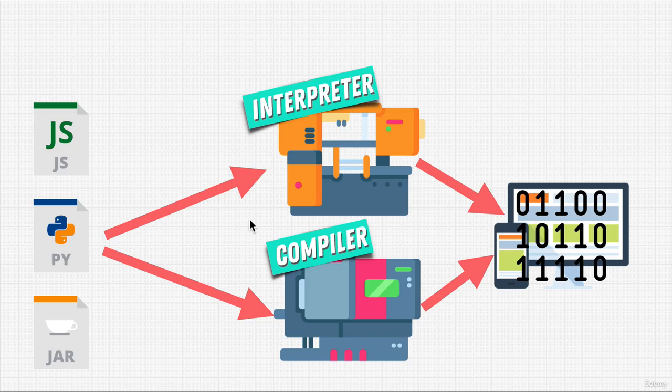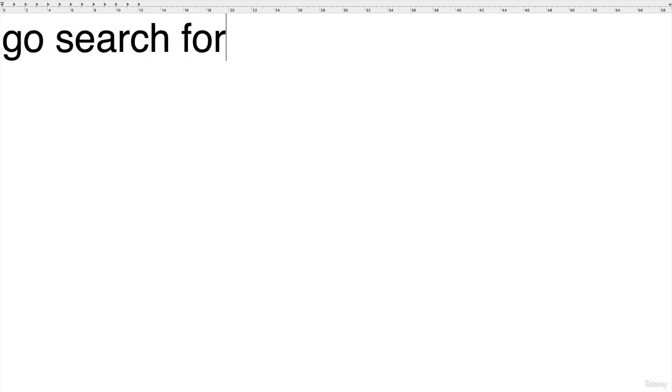Because in order for us to be able to write Python code, well, I can't just write it anywhere, right? If you went right now to your computer, and let's say you opened up a text file like this one, and you started typing Python code, but for now we don't know Python. So let's just say I want to go search for Pokemon.